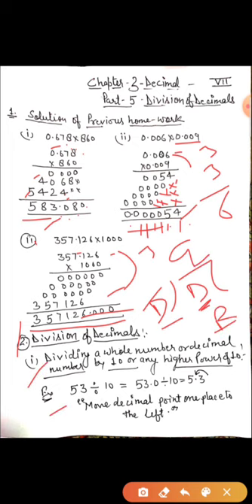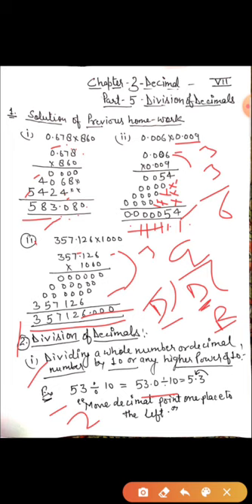First, dividing a whole number or decimal number by 10 or any higher power of 10, meaning divide by 10, 100, 1000, 10,000, lakhs and so on. We can divide this type of question by two methods: first by this method, and second by proper division. In this method we divide the number according to the zeros. How many zeros in 10? One, and the decimal is present in the dividend.